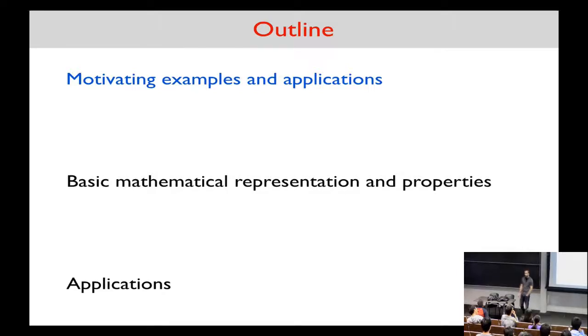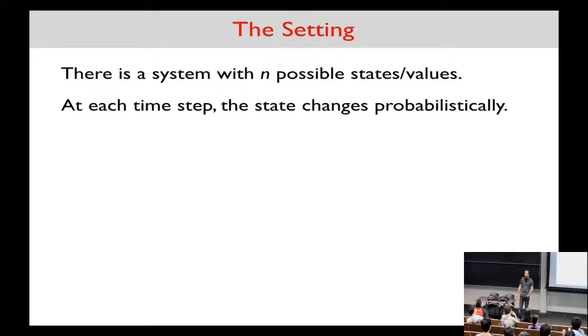Now let's move on to the basic mathematical representation and properties of Markov chains. In general, this is going to be our setting. We're going to have n possible states or values, and at each time unit, the state is going to change with some probability.